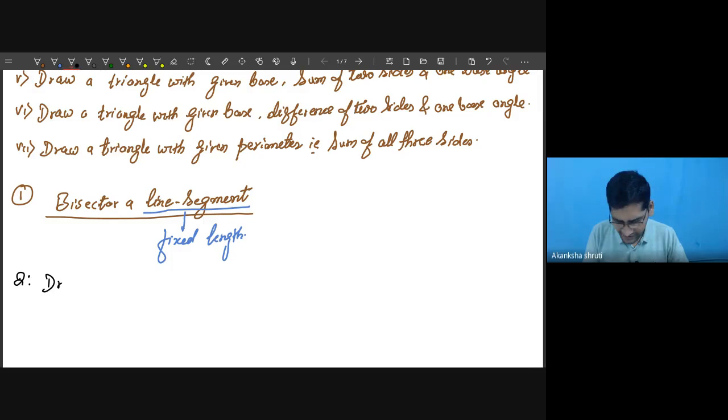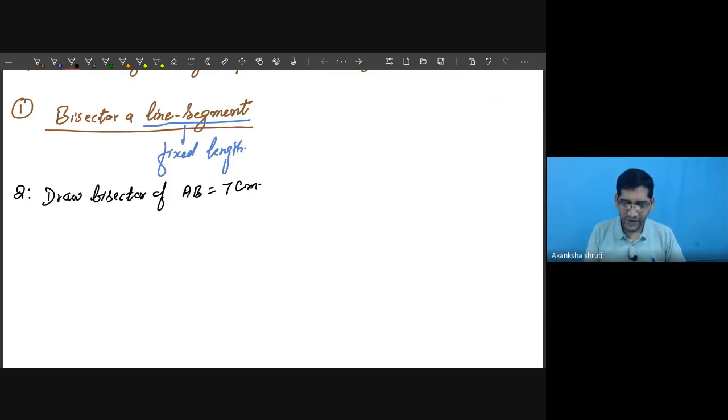Draw the bisector of AB, where AB is equal to 7 centimeter. So how to draw the bisector? For that, I will write the steps side by side.